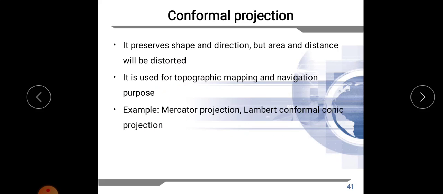Examples of conformal projection, the type of projection method in which shape and direction are preserved, are Mercator projection and Lambert conformal conic projection. So this is about conformal projection.